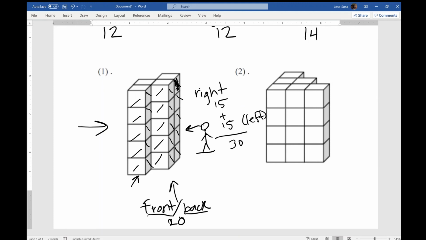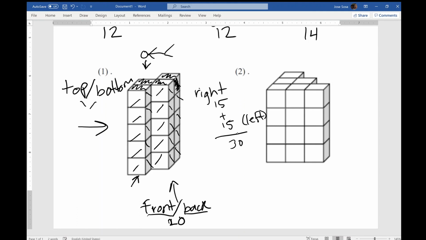Okay, and now I'm going to float up here, and I'm going to be looking down at it. Well then that means I have 1, 2, 3, 4 from the top, but remember that the top is the same as the bottom, so the bottom also has 4.